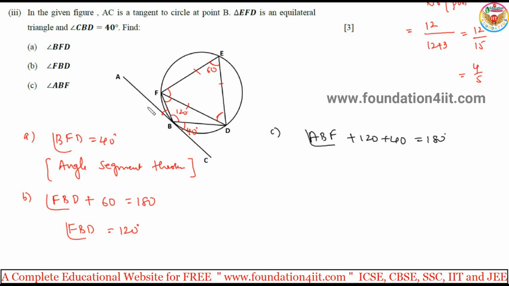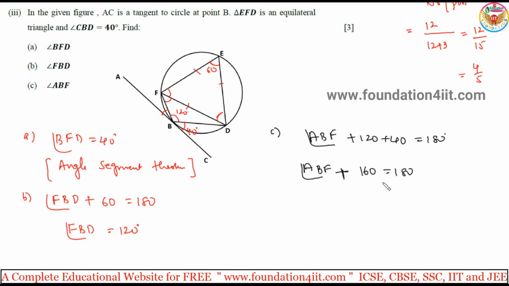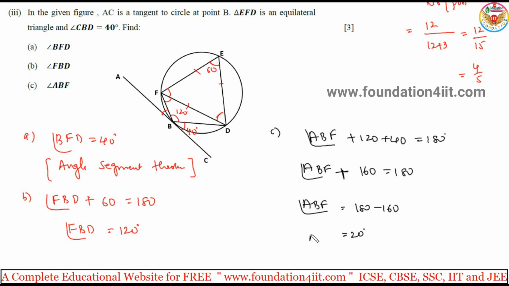Angle of the straight line is 180. Now angle ABF plus 120 plus 40, so it is 160 equal to 180. Taking the other side, angle ABF is 180 minus 160, which is 20 degrees. So this is 20. These are the three angles. Just apply the properties, then based on that you can find the answers.